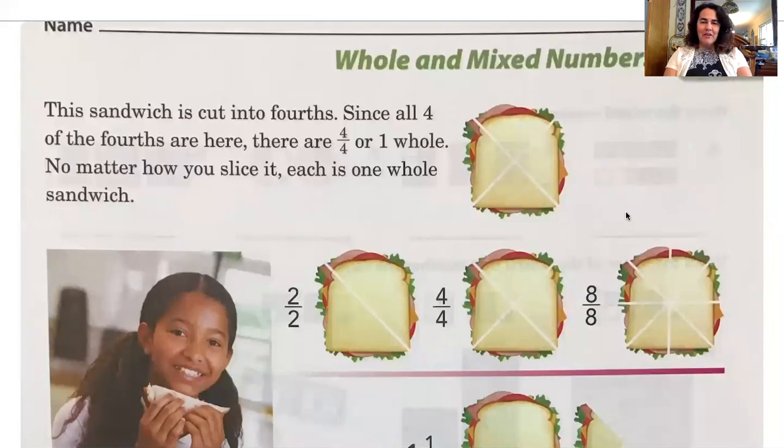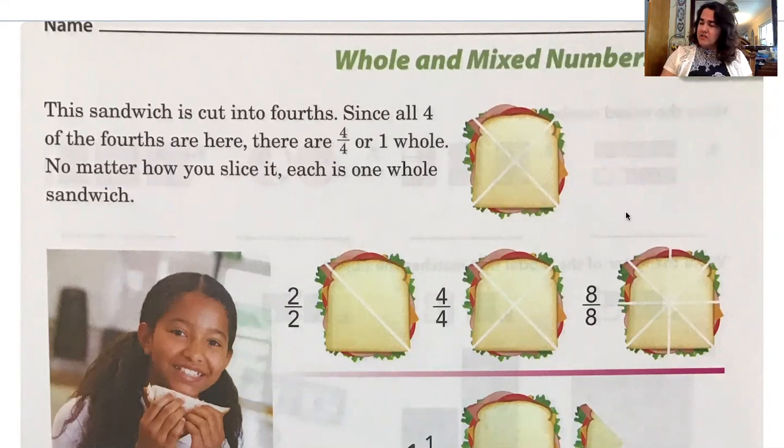Alrighty, friends, here we are. So let's read at the top of the page. It says this sandwich is cut into fourths or quarters, right? We all know that a quarter is a fourth of something. Since all four of the fourths are here, there are 4 out of 4, or 4 fourths, or 1 whole sandwich, right?